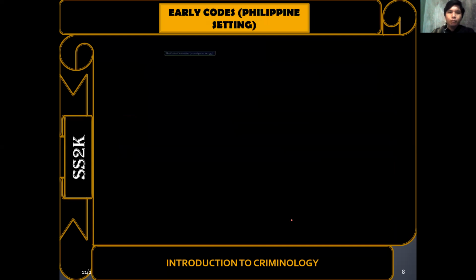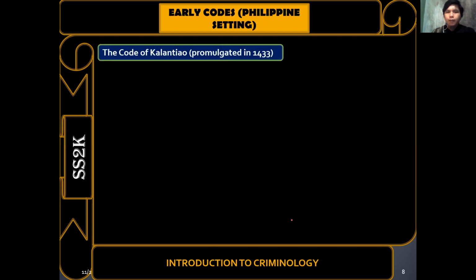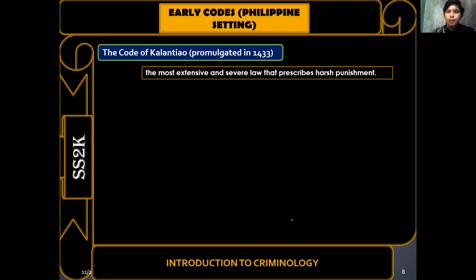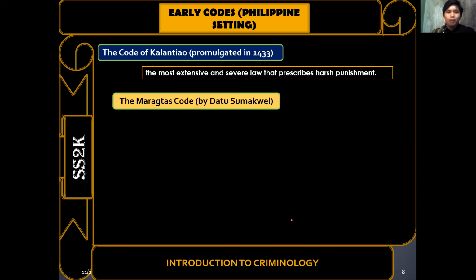Yan. So how about here in the Philippines? Meron bang mga lumang batas na basihan sa pagpapataw ng punishment? No, meron, no? We have the Code of Kalanchao, promulgated in 1433. It is considered as the oldest code in the Philippines. No, it is the most extensive and severe law that prescribe harsh and barbaric punishment. Yung full Code of Kalanchao.